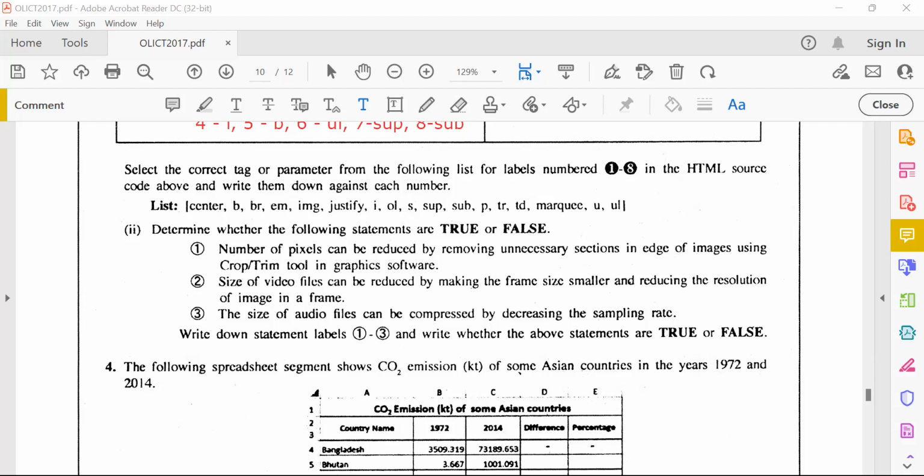Number of pixels can be reduced by removing unnecessary sections or edges of the images using the crop trim tool in graphic software, right?